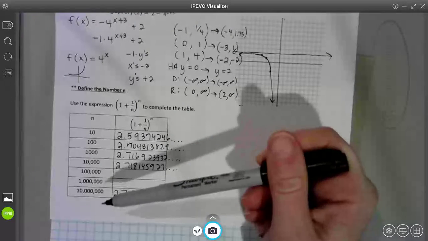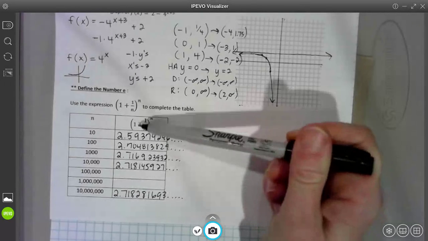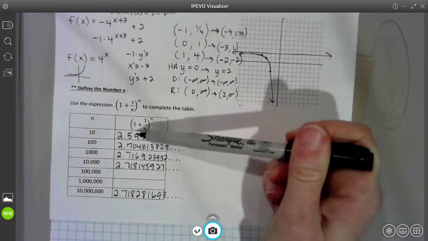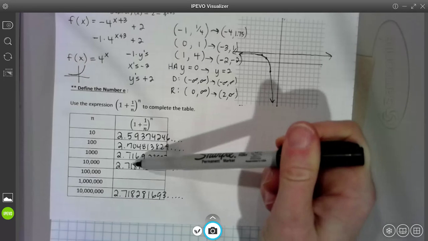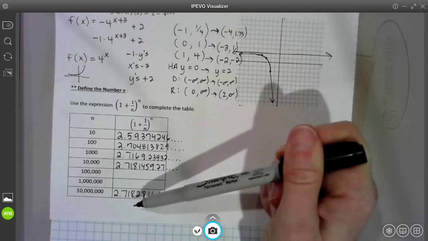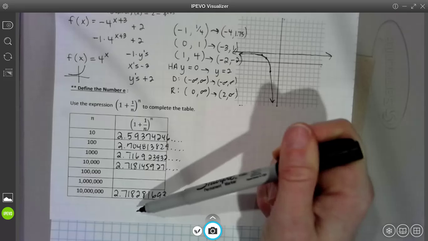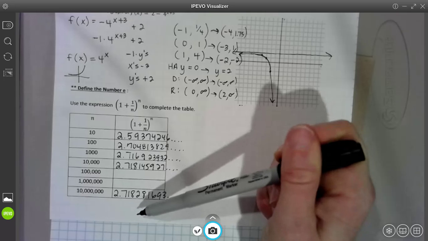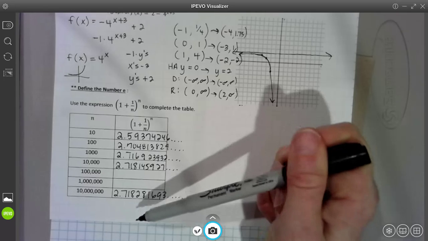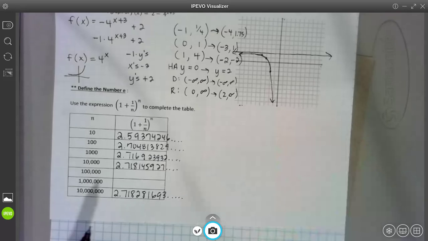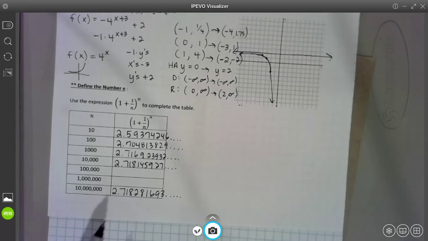As n goes to infinity, the value of the expression doesn't get much bigger. It's heading towards a fixed number, and that number is E. They let the limit of this expression equal the number E.